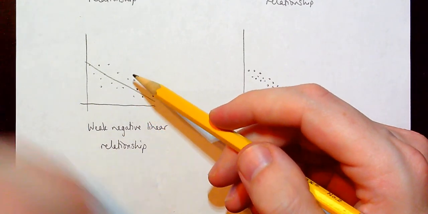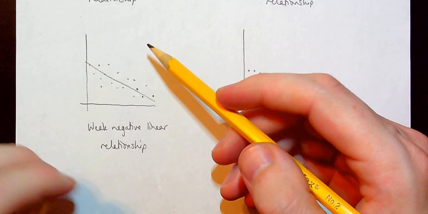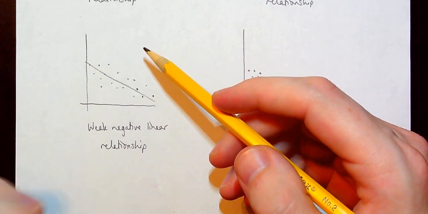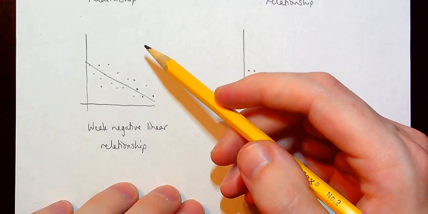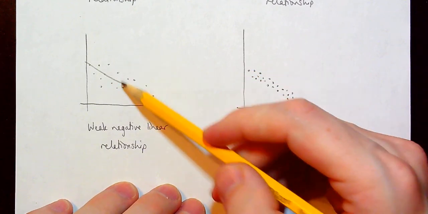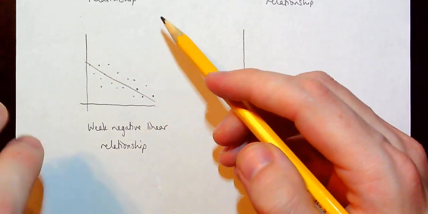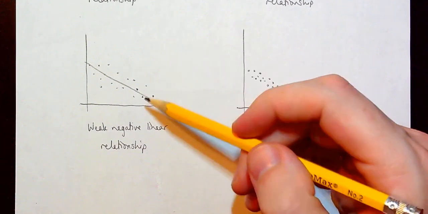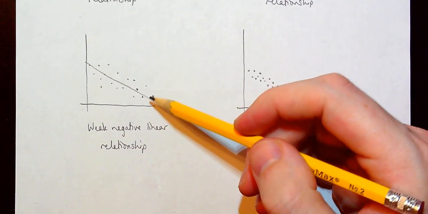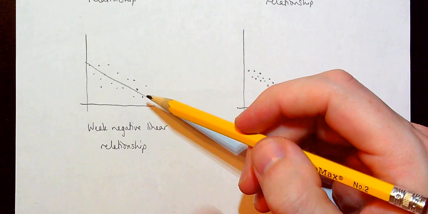They don't line up very well to give us a nice clear line. But overall, these data points are trending in a downward fashion. So this is what lets us say that this is a weak negative linear relationship.